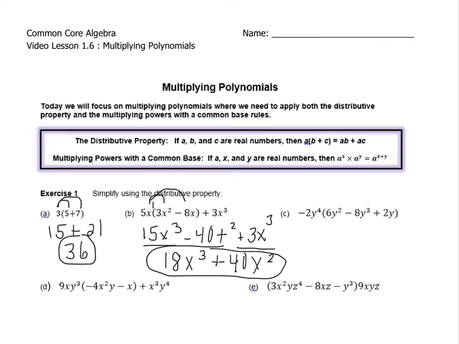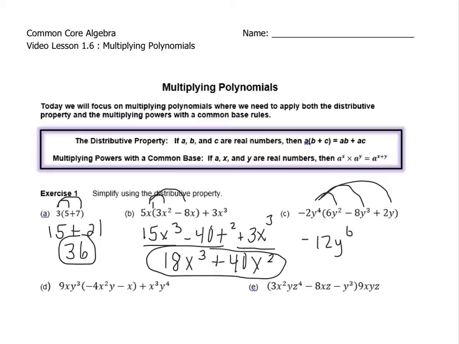Now this time we're going to have to distribute 3. Negative 2y to the fourth multiplied by 6y squared gives you negative 12y to the sixth. Negative 2y to the fourth times negative 8y to the third.